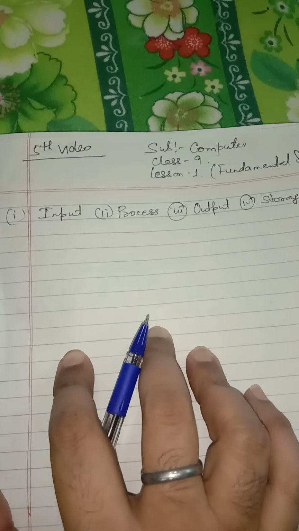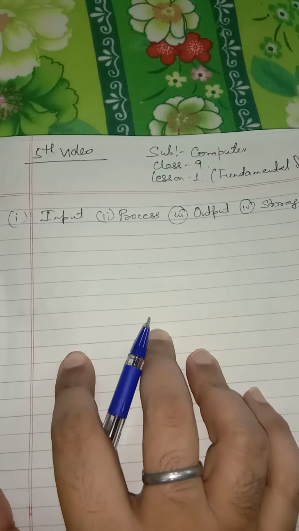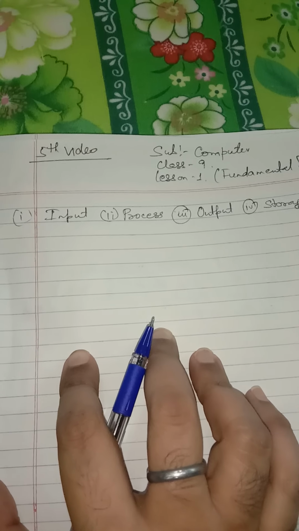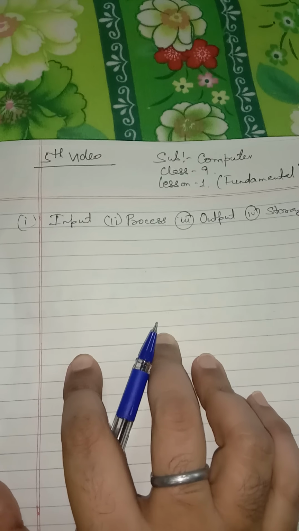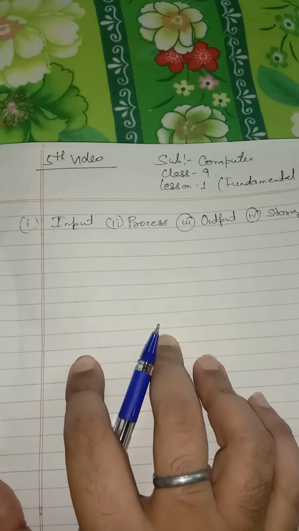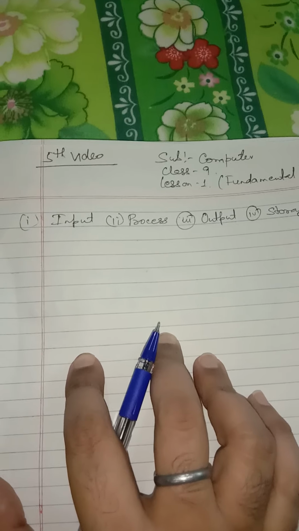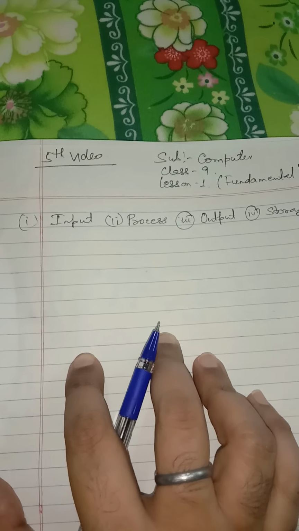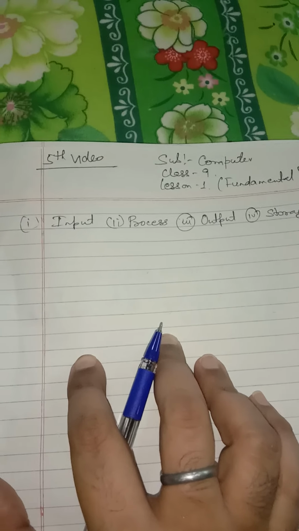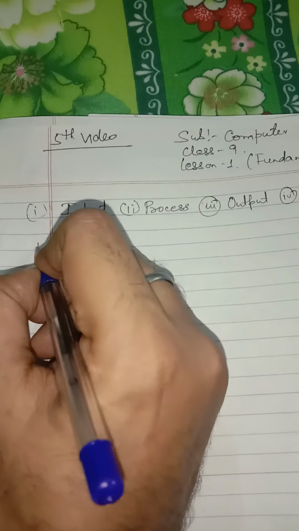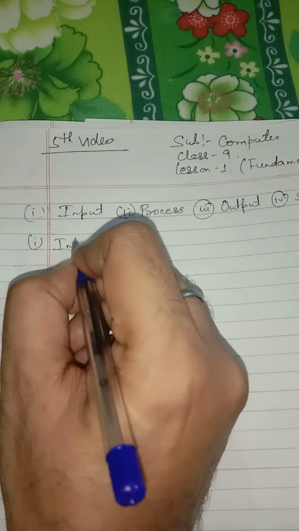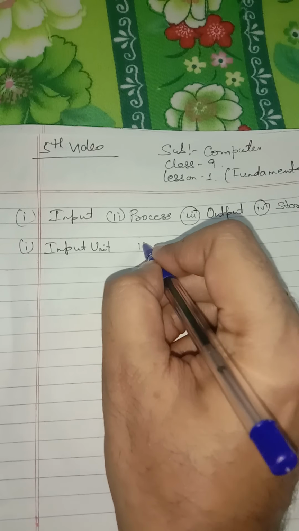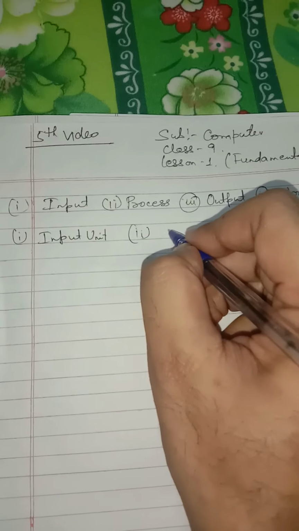We can also say a computer is a collection of different units that perform these functions. In order to perform these functions, the computer has some major functional units. The main functional units are: number 1, input unit. Number 2, output unit.